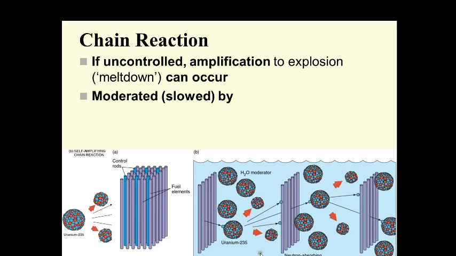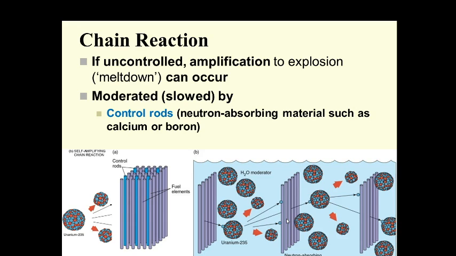Typically those are these neutron absorbing materials, control rods. Typically they're calcium or boron. Right? So not all of the neutrons that are released make it through the control rods, therefore not all the neutrons can cause an additional fission event.